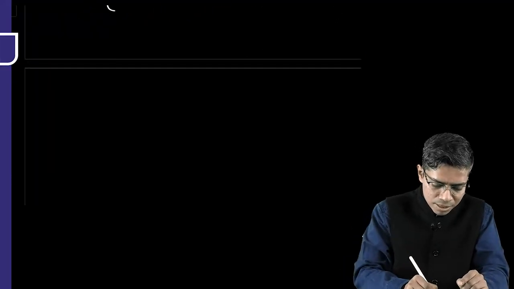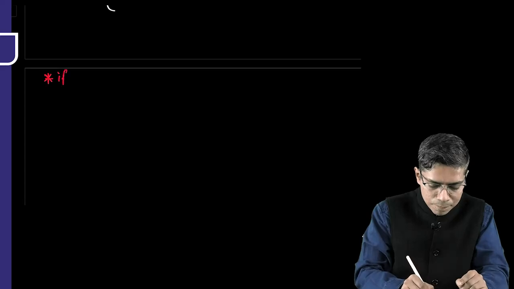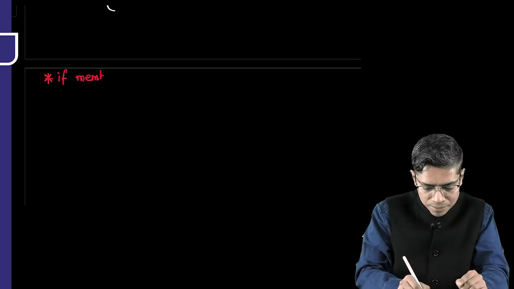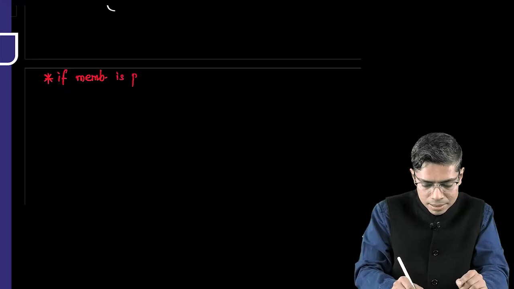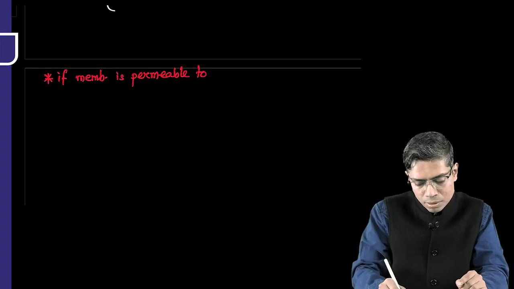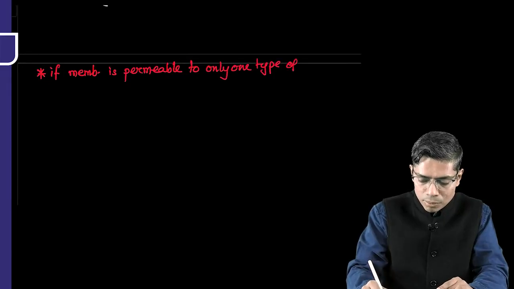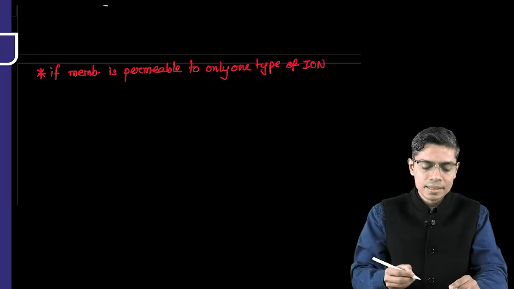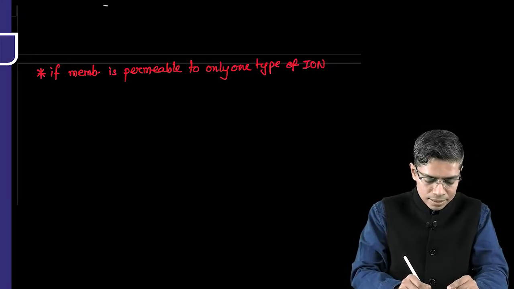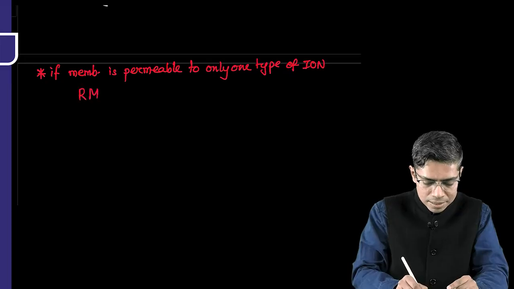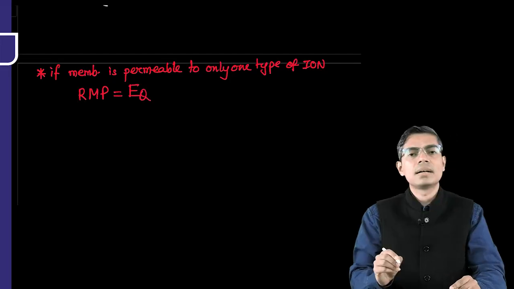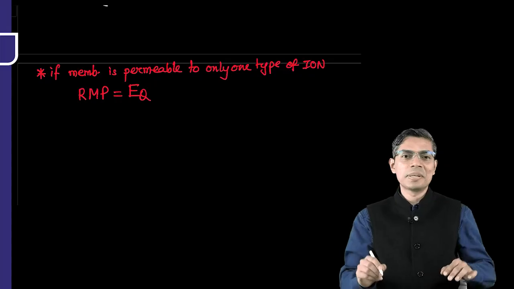Remember, if a membrane is permeable to only one type of ion, then in this cell the RMP is equal to the equilibrium potential of that ion. Getting my point? Very, very important.